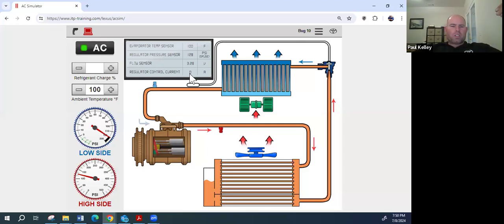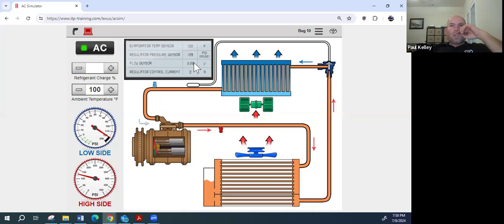So if it's measuring pressure, maybe low pressure is 0.5 and high pressure is 4.5. If it's measuring flow, maybe low flow is 0.5 volts and high flow is 4.5 volts. It's never going to be 0, it's never going to be 5, right? Because we never have to go to those extreme ends because that's what's going to set a DTC.